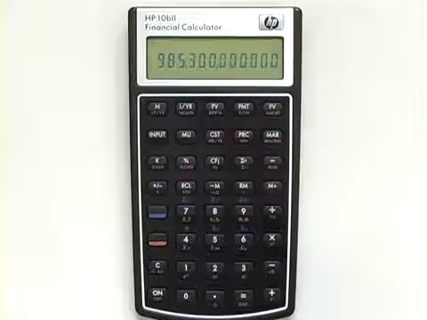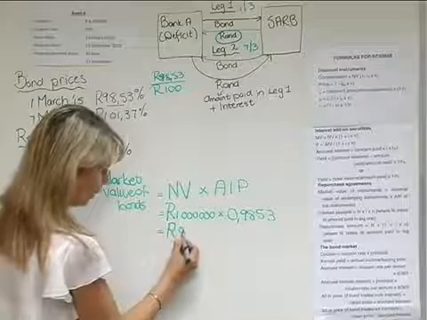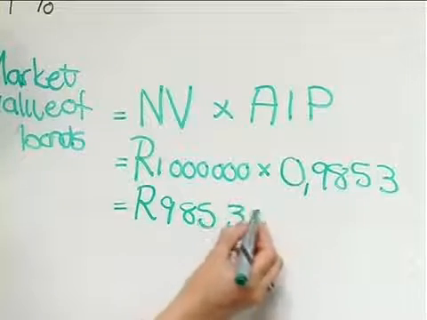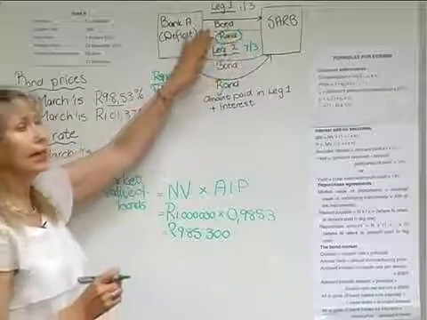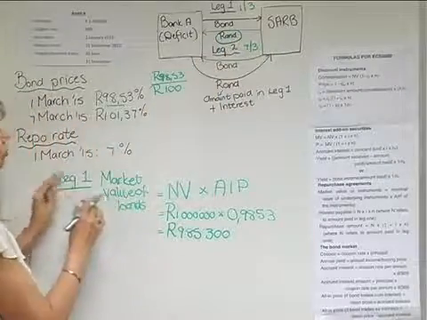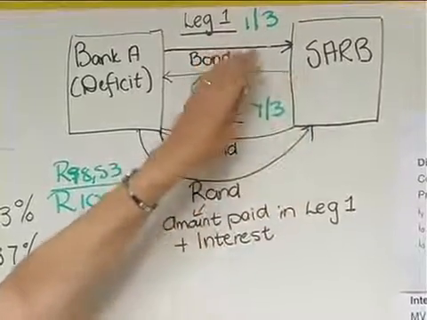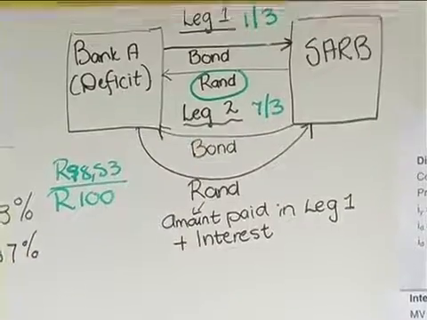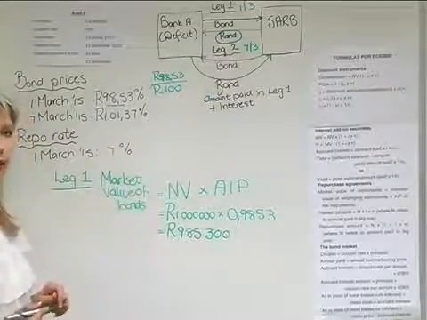So that gives you 985,300. So that is the amount that Bank A is going to receive from the Reserve Bank in return for this bond that is going to go to the Reserve Bank for a period of 7 days until the 7th of March. So that is the amount that's paid in leg 1.